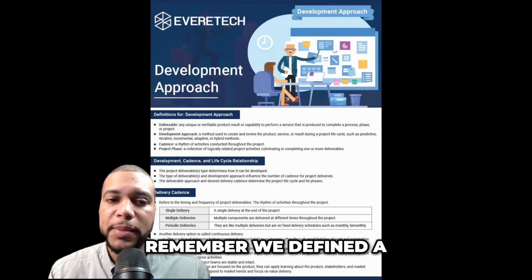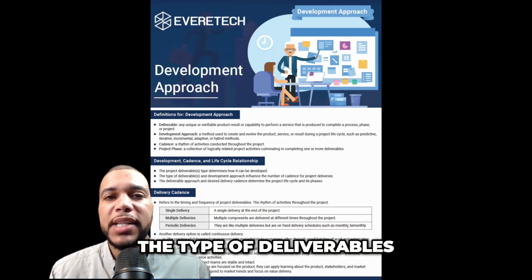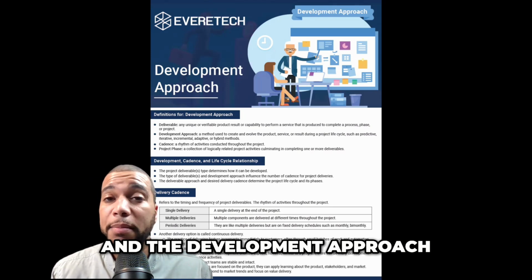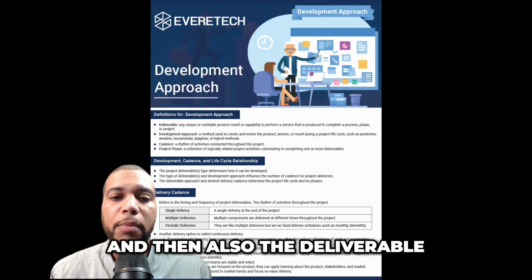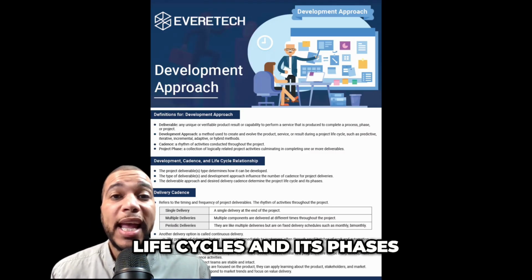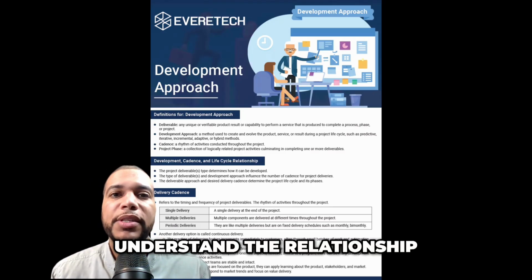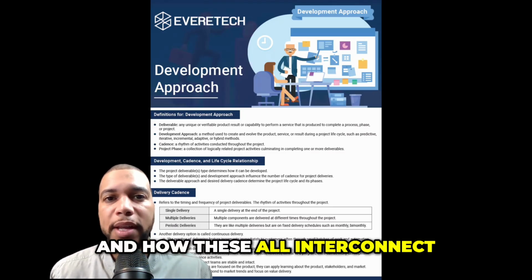Remember, we defined cadence as the rhythm of activities. So the type of deliverables and the development approach impact the cadence. And then the development approach and desired delivery cadence determine the life cycles and its phases. Understand the relationship between the three and how these all interconnect.